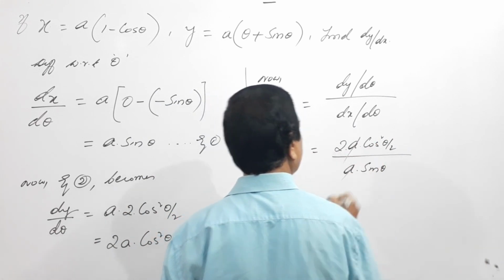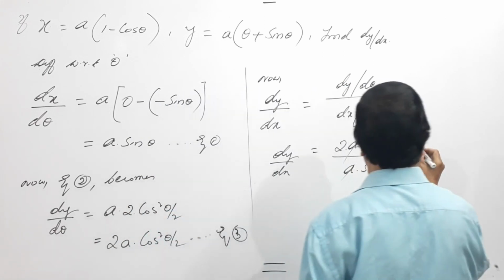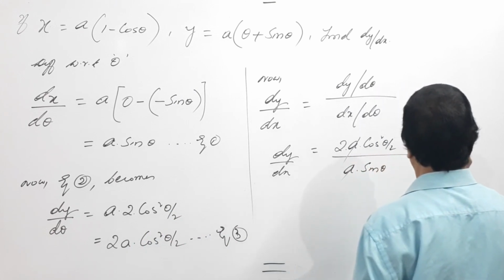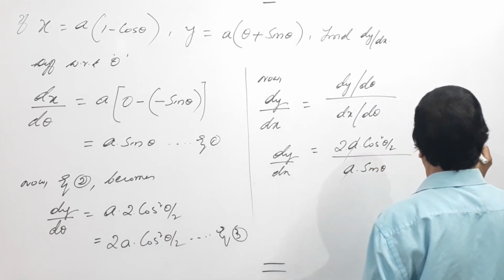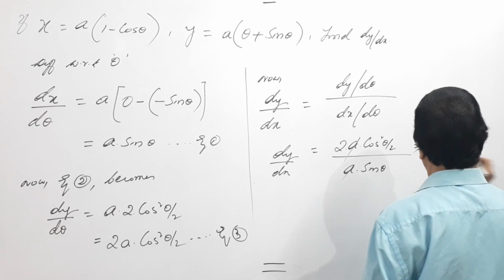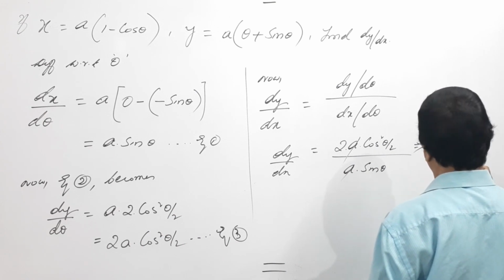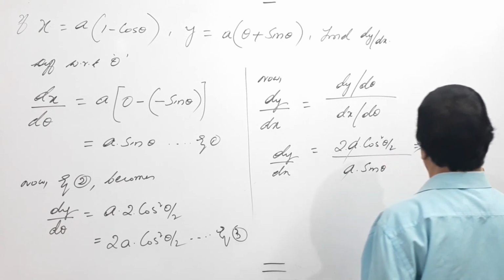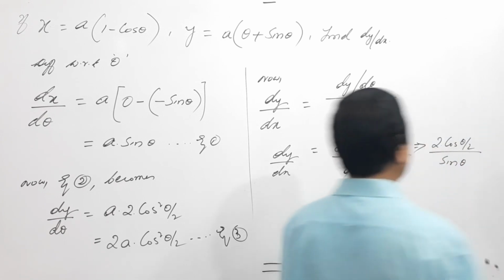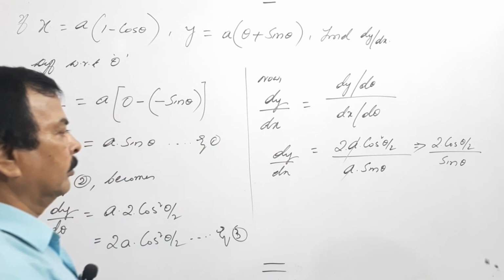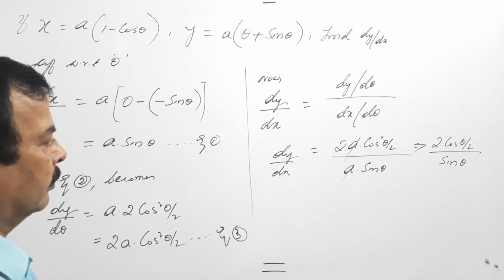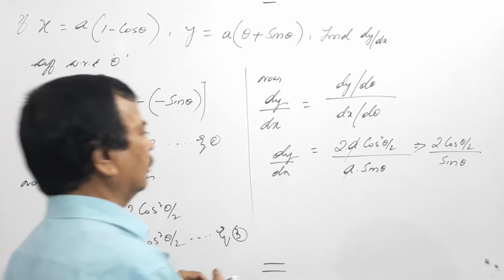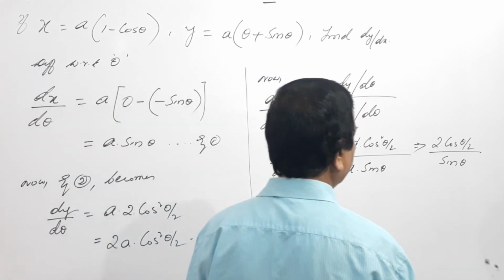So here, the a cancels. You are left with what? This becomes 2 cos square theta by 2 divided by sin theta. Okay, substitute the value of this. What is sin theta?